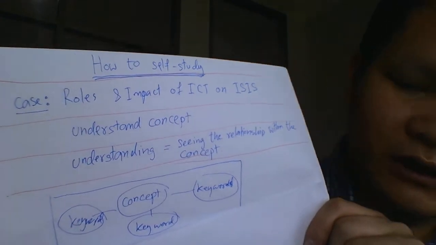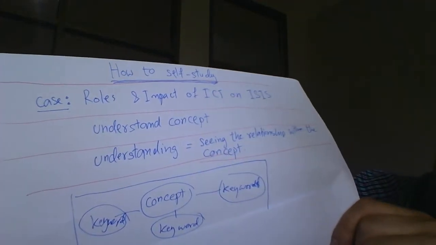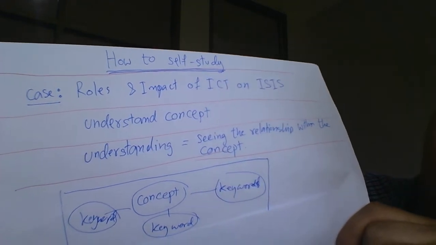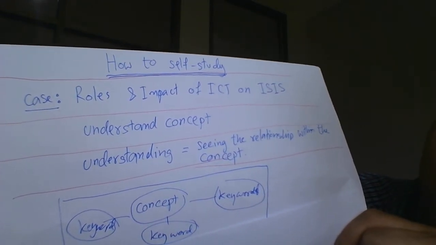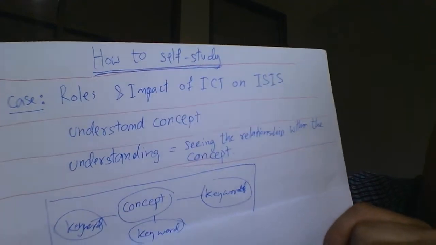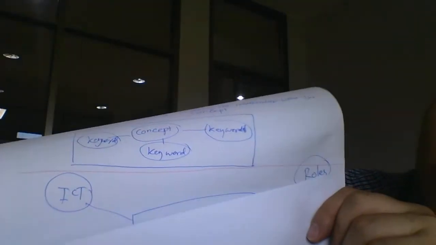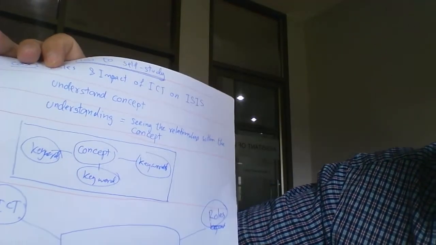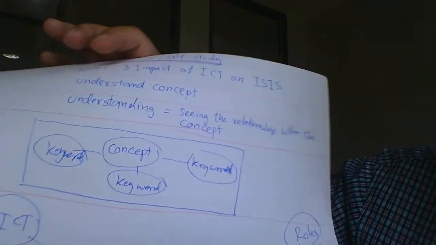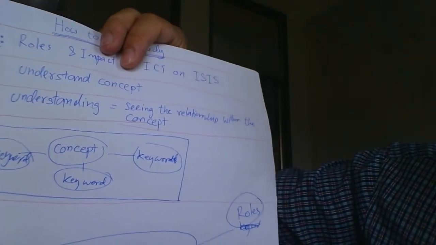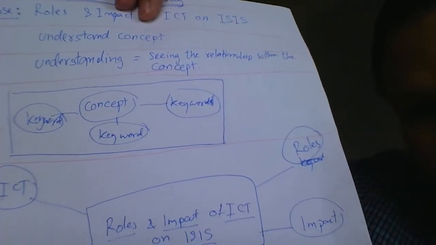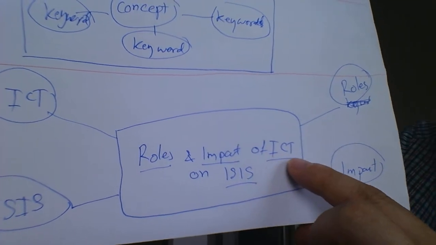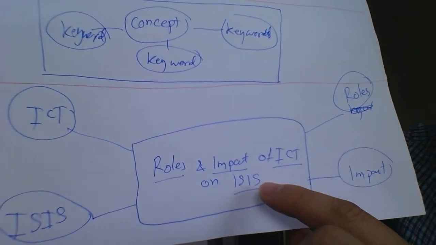For example, this is the concept, and there are sub concepts, but here I write keywords that we try to find. For example, this question is the role and impact of ICT on IT.